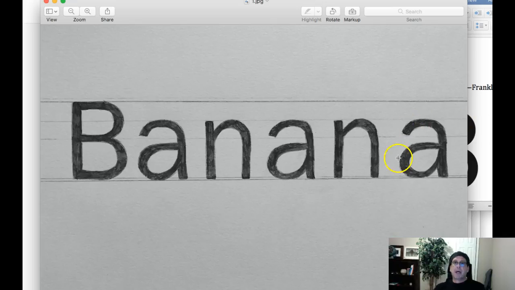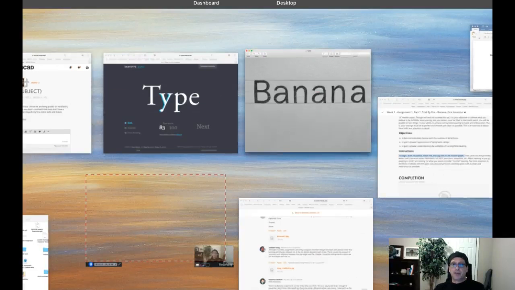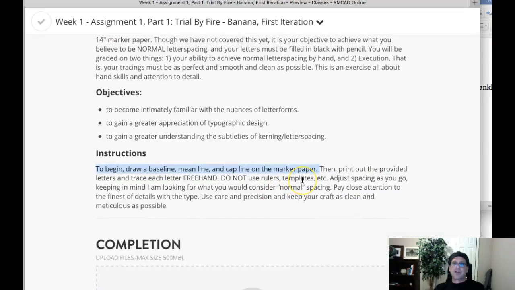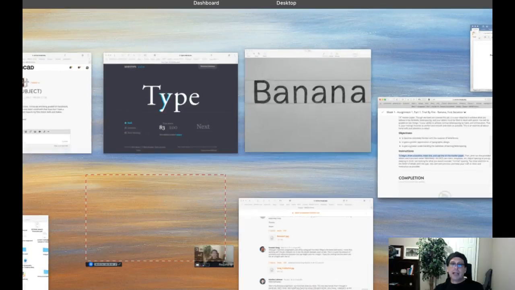Okay, so as I said, if you notice this, the instructions say, and this is something that a lot of students picked up on and did mention. If you didn't pick up on this, think about it now. The instructions here say draw a baseline, a mean line, and a cap line. Now, if you found that to be an unusual statement or somewhat confusing based on this week's materials, you are exactly correct. And why is that the case?